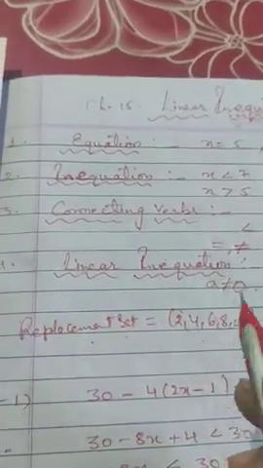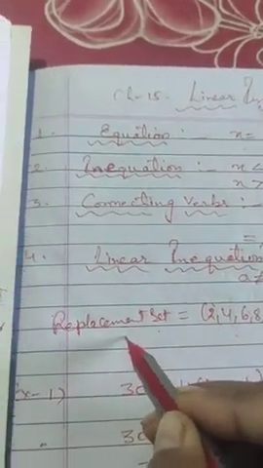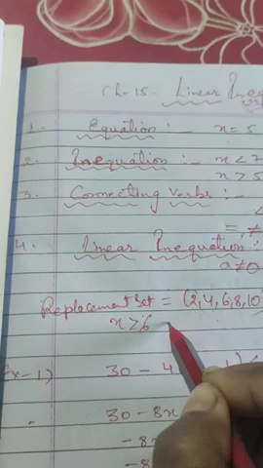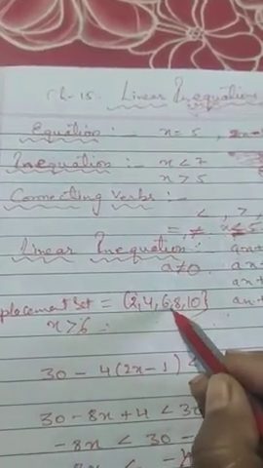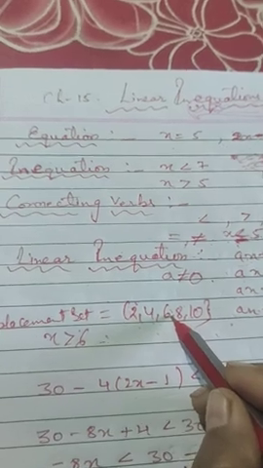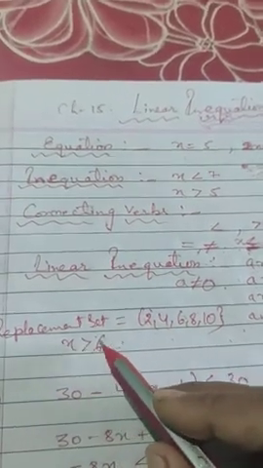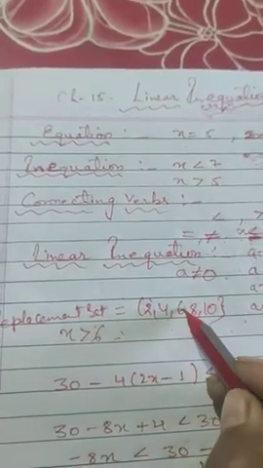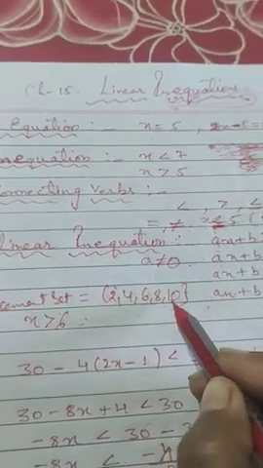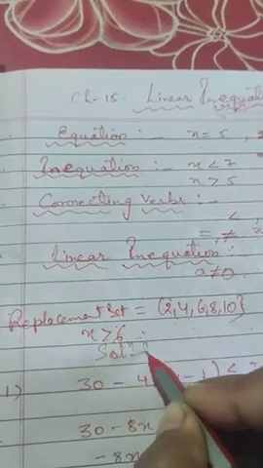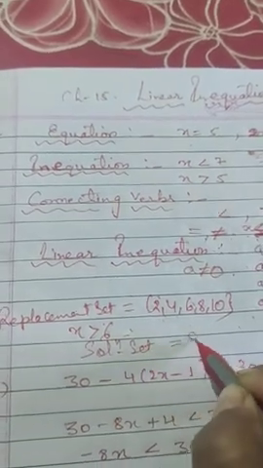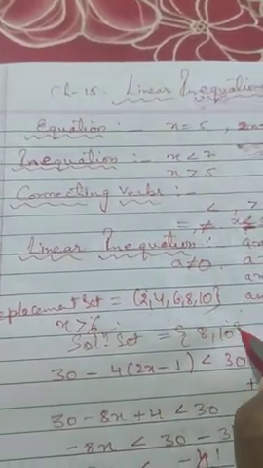Now you have to find the solution set. Suppose the statement asks x greater than 6. x greater than 6 means you have to take 8 and 10. So the solution set would be 8 and 10.